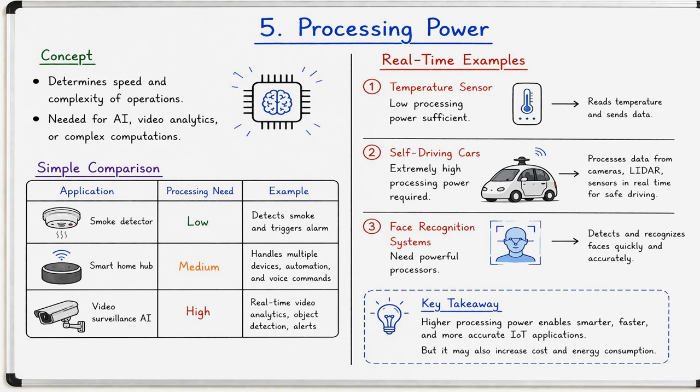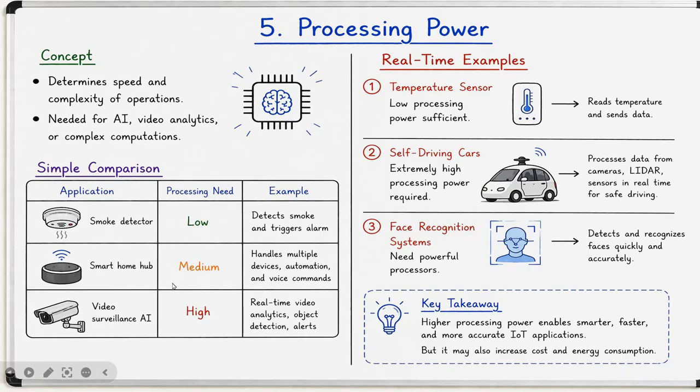It is needed for artificial intelligence, video analytics or complex computations. Applications like artificial intelligence and video analysis require handling large amounts of data quickly, because of which powerful processors are required to process the data efficiently and give real-time results.